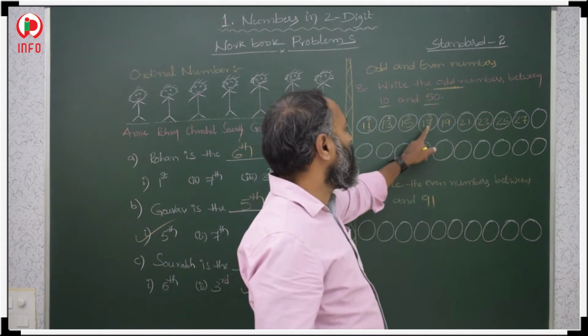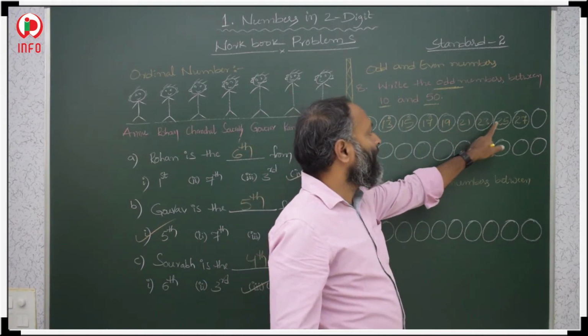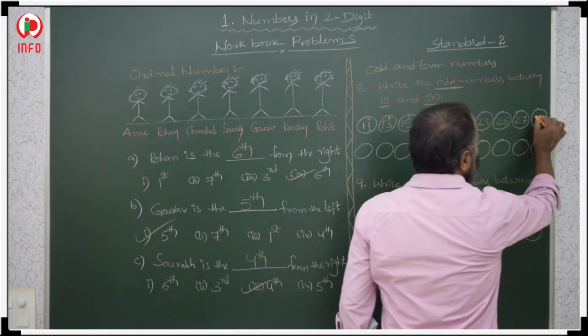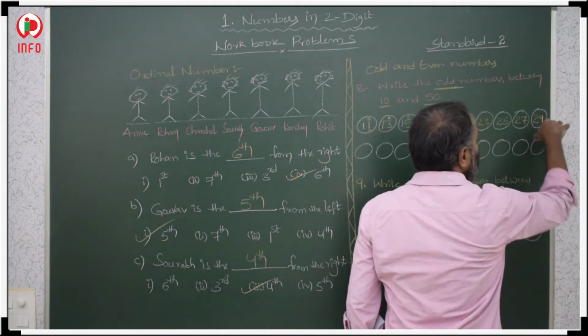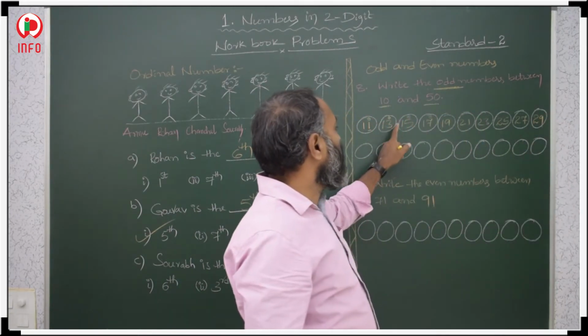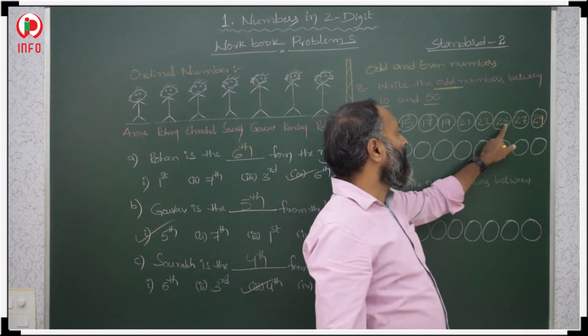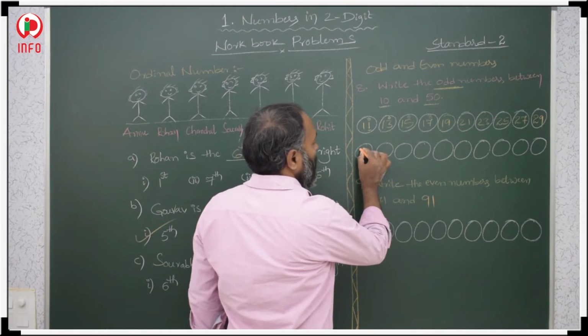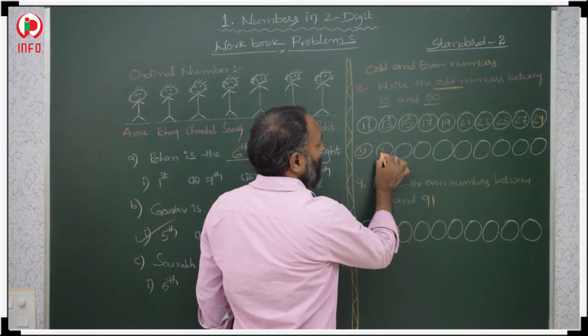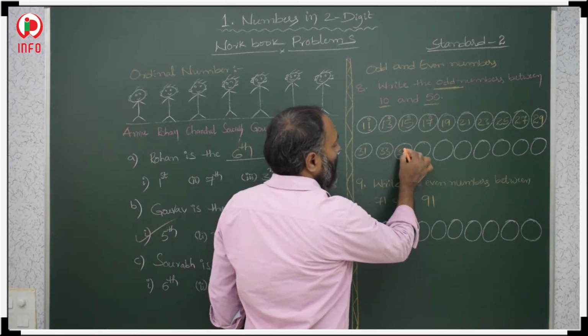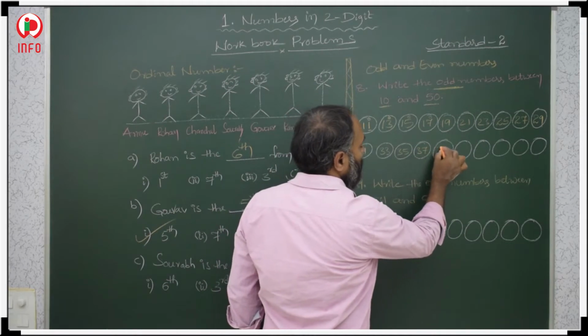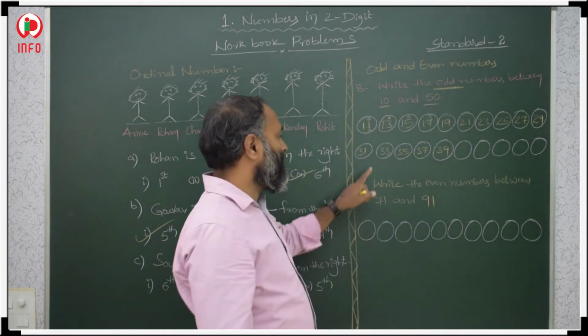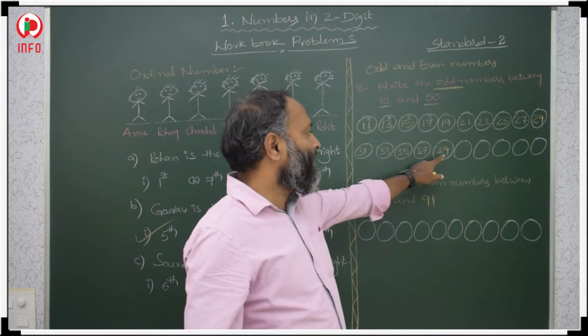So 11, 13, 15, 17, 19, 21, 23, 25, 27, now 29. The ones places are 1, 3, 5, 7, 9. Then after 29, 31, 33, 35, 37, 39. The ones place again 1, 3, 5, 7, 9.